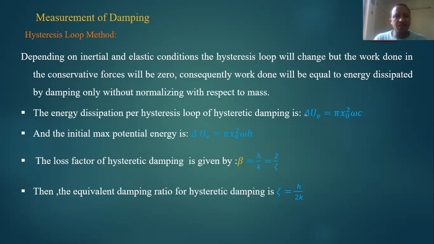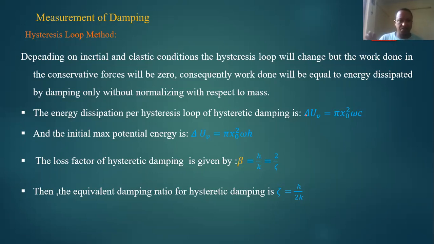Depending on the initial and elastic conditions, the hysteretic loop will change, but the work done by the conservative force will be 0. Consequently, the work done will be equal to the energy dissipated by damping only, without normalizing with respect to mass.